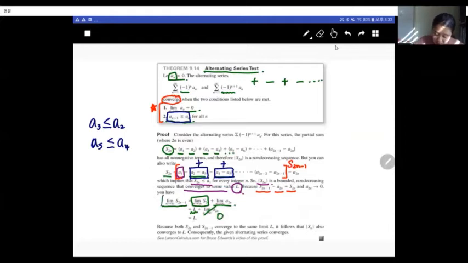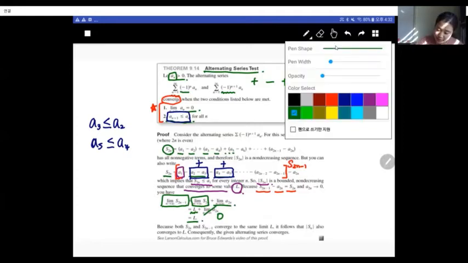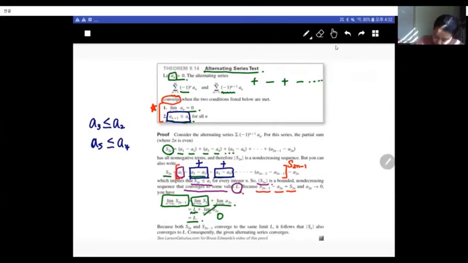So the limit of S_(2n-1) also converges to L. Here's the conclusion: because S_2n converges to L and S_(2n-1) converges to L, S_n converges to L. So when you have an alternating series, positive, negative, repeating, and it satisfies these two conditions, it converges. All right, next slide.